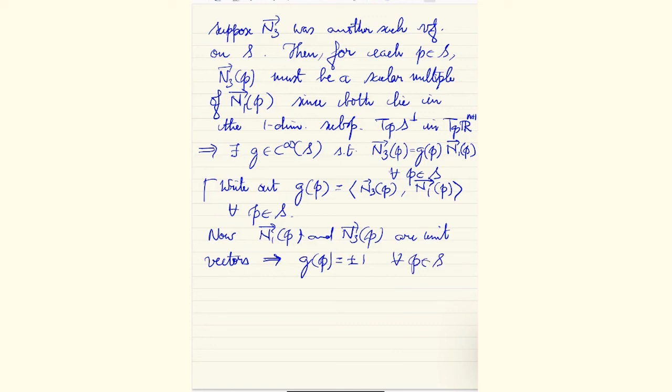And here's where we use that S is connected. So notice that g is smooth and S is connected, meaning path connected.